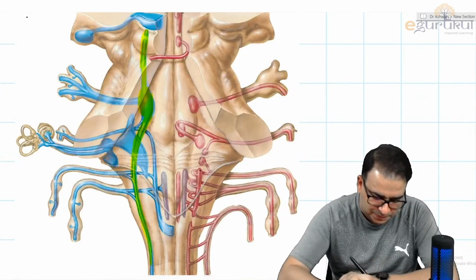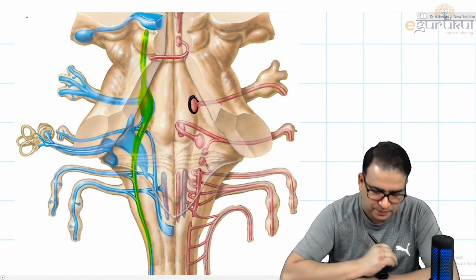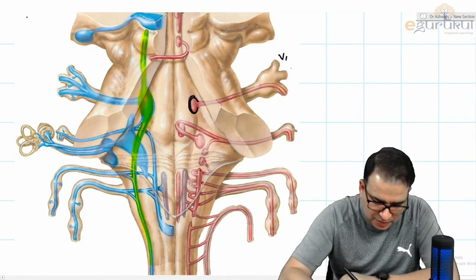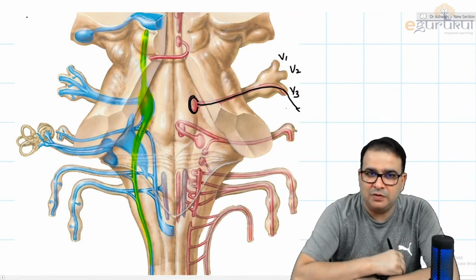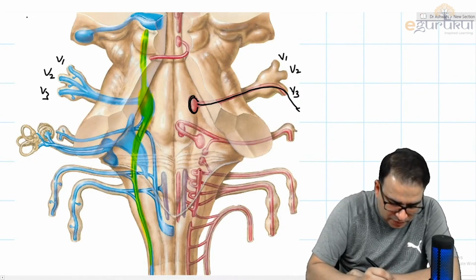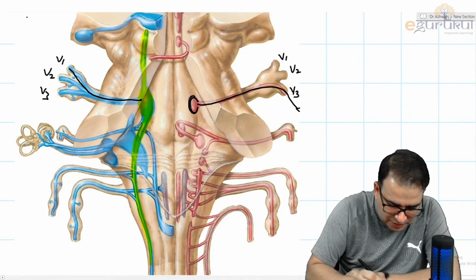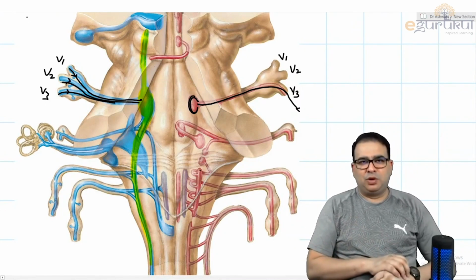This one here is the motor nucleus of the mandibular nerve, because this is ophthalmic, this is maxillary, and that is mandibular. From the motor nucleus the mandibular nerve will come out. That is how the sensory nerves are coming inside and reaching the trigeminal ganglion. The blue ones are sensory, and the red ones are motor.